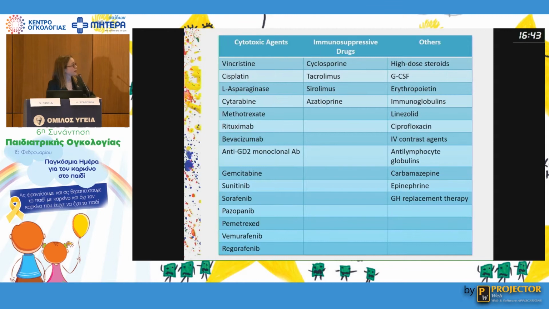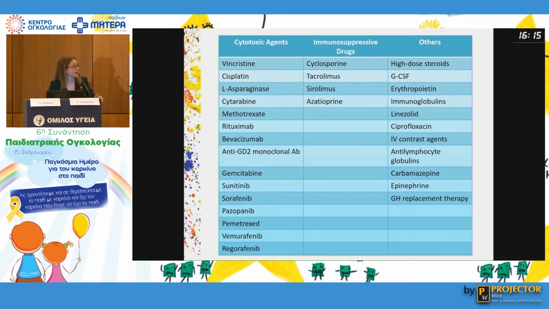So here again, I tried to put together the drugs that are most commonly associated to the occurrence of PRES, and as you can see, many of them are the ones that we prescribe in our daily practice. Cytotoxic agents like vincristine, cisplatin, asparaginase, cytarabine, methotrexate, but also rituximab and bevacizumab.